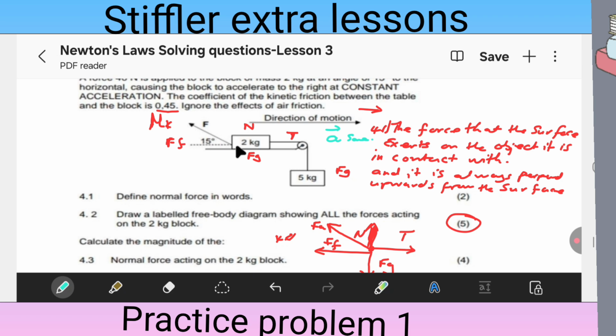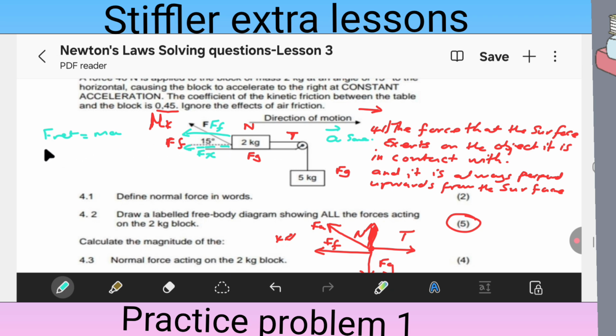So starting on this block, the 2 kg block, we know that our F net is equivalent to mass times acceleration. So this object has the F at x here, since the force is being applied at an angle, and it will have the frictional force, and it will also have the tension. So these are the 3 forces that are acting parallel to motion.